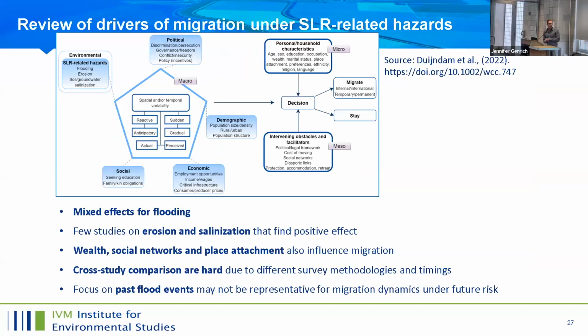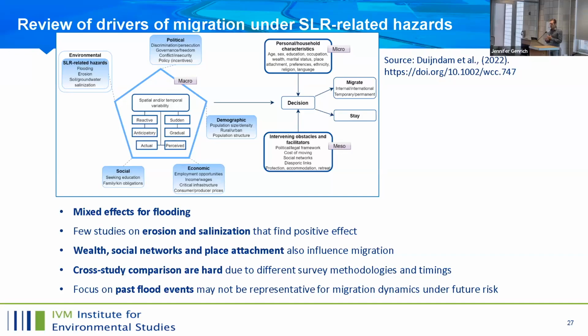We've written a review paper about what has already been done on drivers of migration behavior under sea level rise. And what we found here, first of all, we use this framework where we acknowledge that sea level rise is just one of these many factors that influence migration. So besides these factors, there are also political, economic, social, household level factors that all influence if a person makes this decision or not.